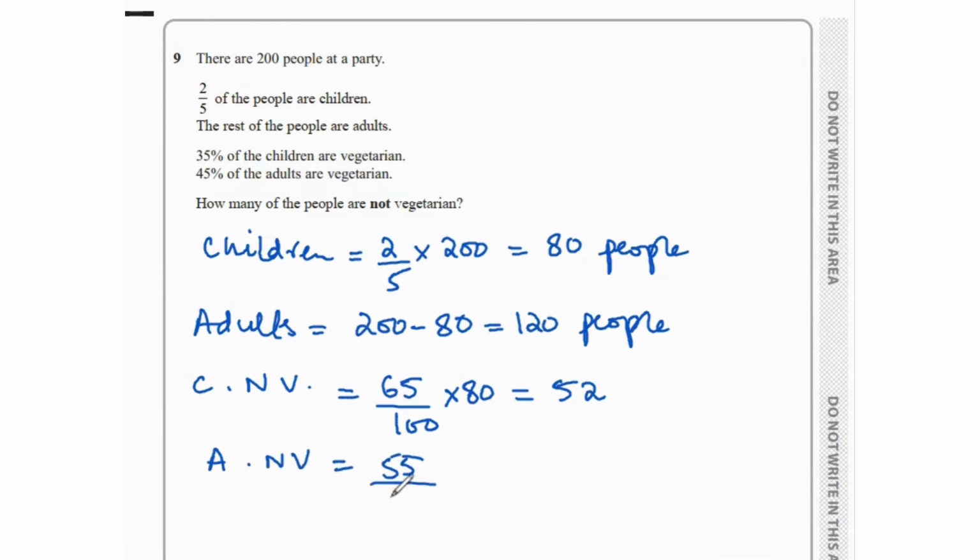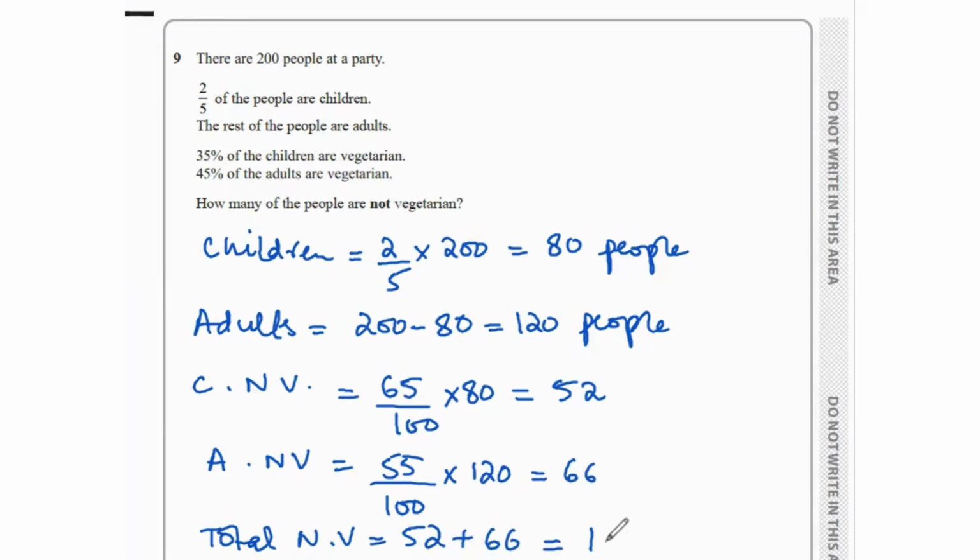So 55% of 120. 66 are non-veg, so total non-veg are going to be 52 plus 66, and that's going to be 118. So 118 people are non-vegetarian in total.